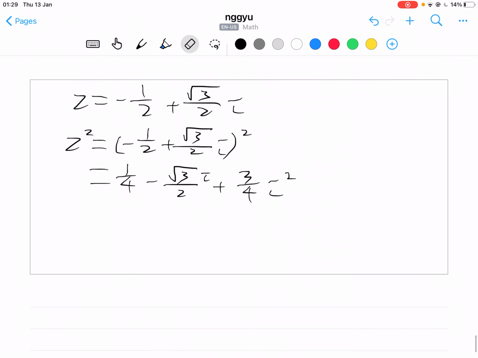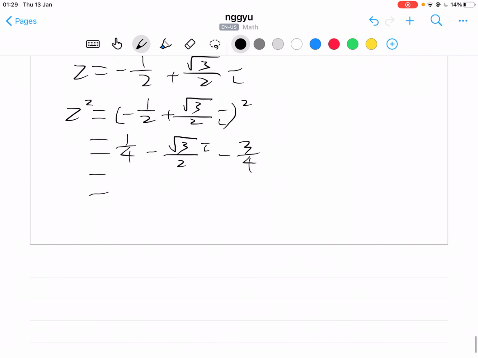And i squared is -1, so we have -1/2 minus √3/2 i.